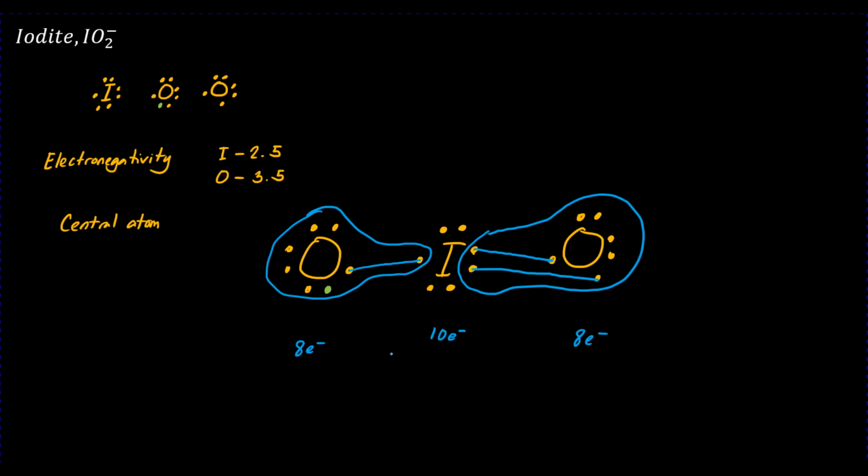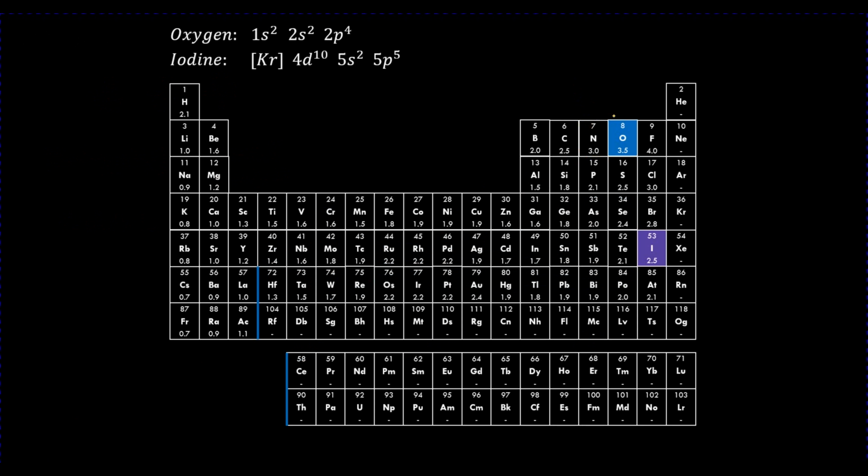A simple explanation why oxygen strictly follows the octet rule is because the last electrons, or the valence electrons of oxygen, are located in the second energy level. So n means the second shell, second energy level. And those electrons have access to the s and p orbitals. The total number of electrons that can be placed in the second energy level, having access to s and p orbitals, is 8.